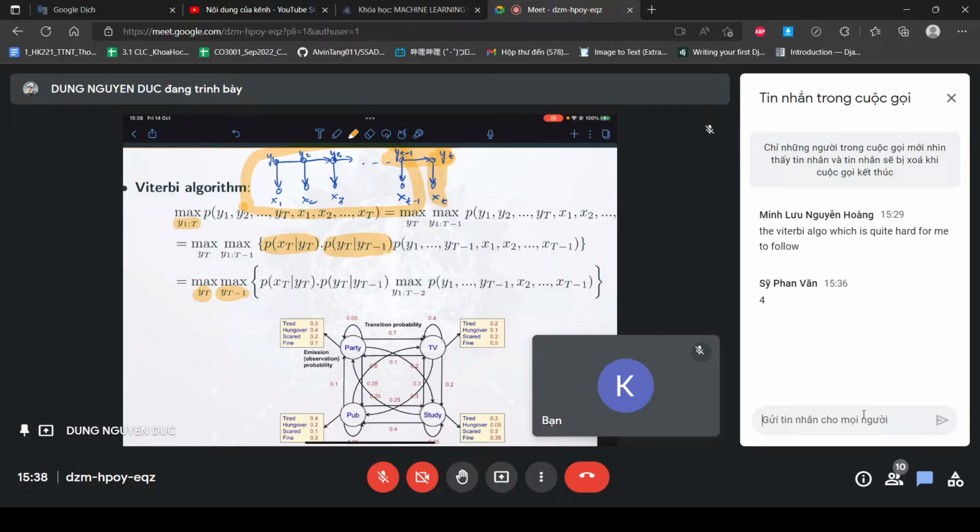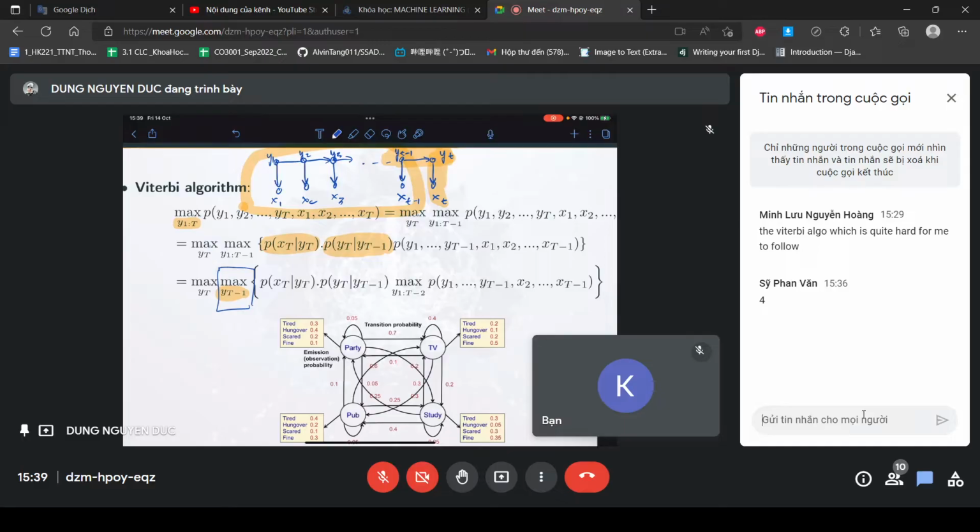That is why in my calculation, I first calculate four possible transitions from yt minus 1 to yt, and then there are four for each yt. That is why I have 16 values.